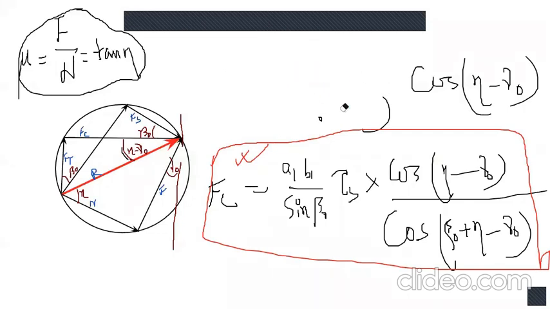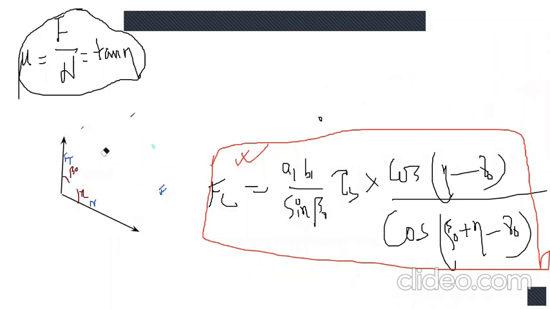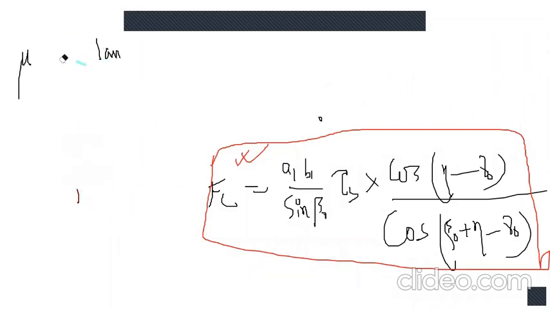Now erase all this. From this equation, what is the value? Now we are discussing the minimum power consumption. We already know that at the expense of minimum input we obtain maximum output.